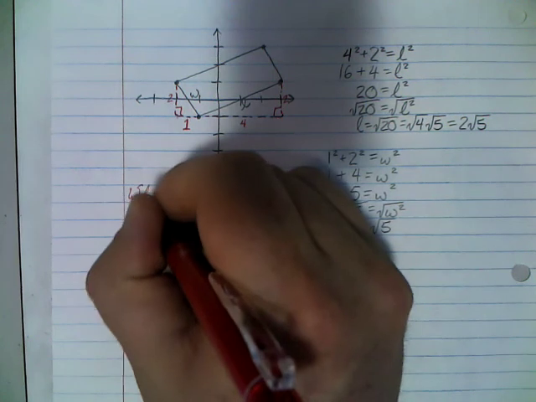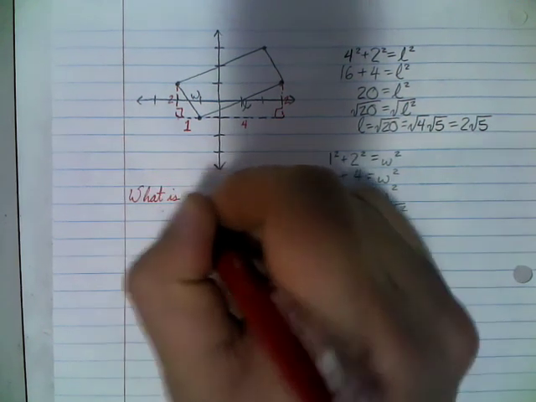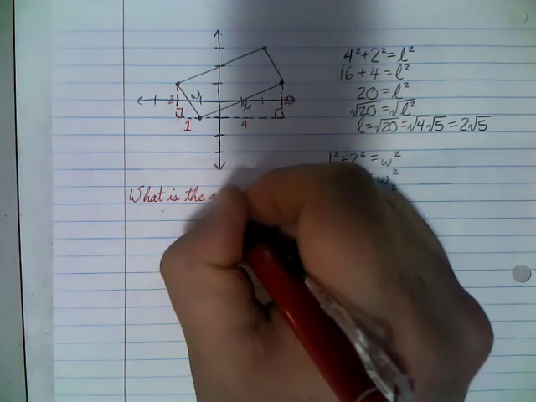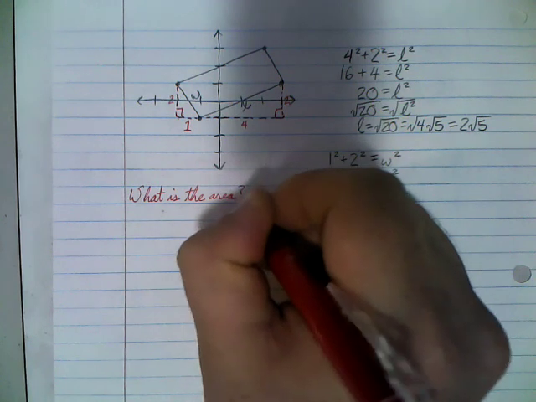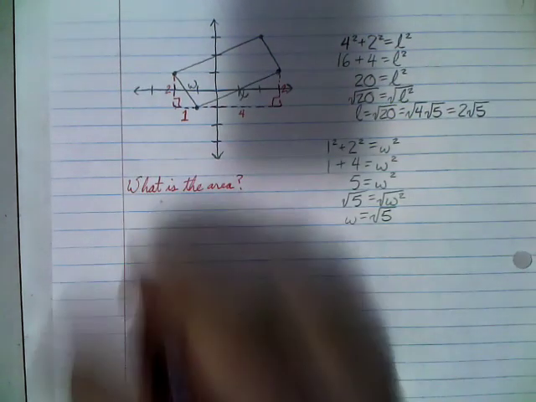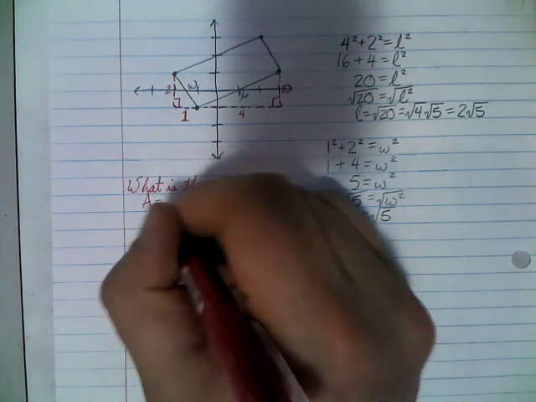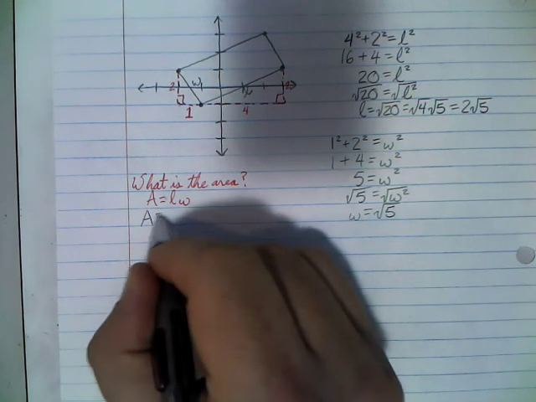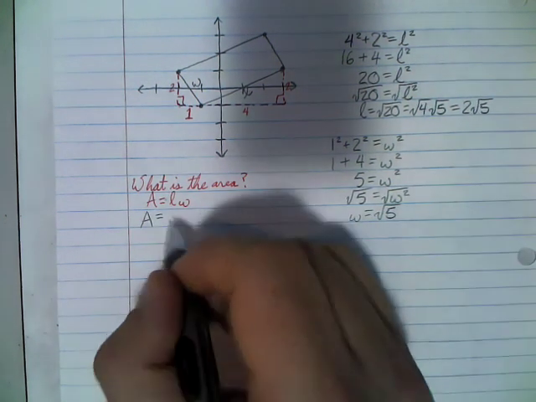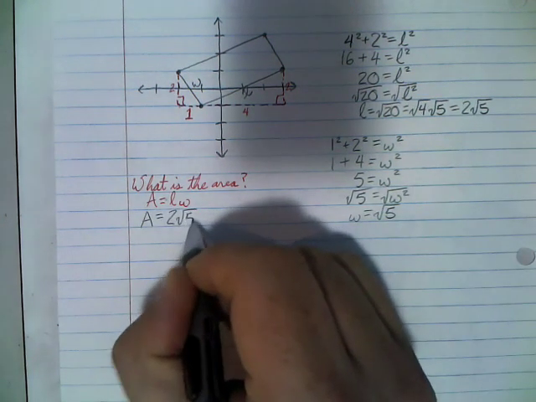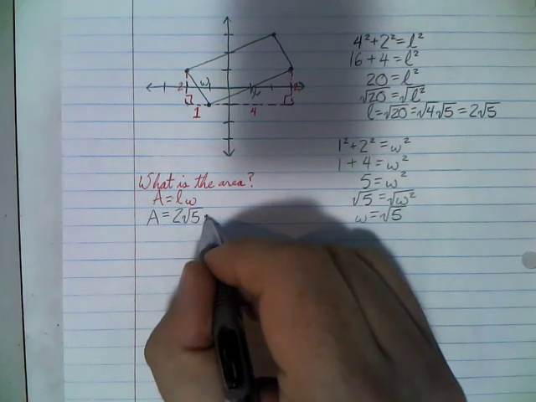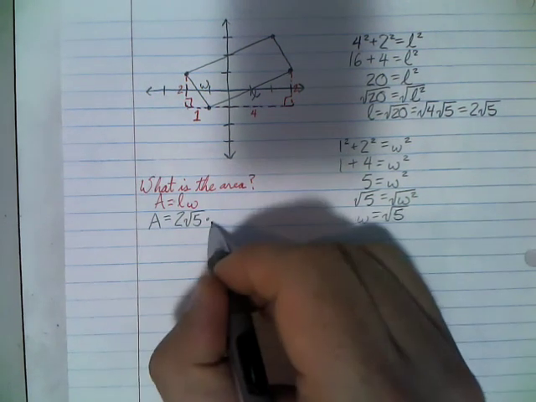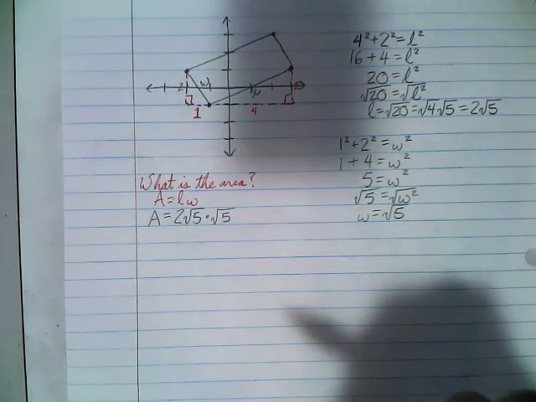So, what is the area? Remember that area equals length times width. So therefore, A here equals my length, which is 2 square roots of 5, times my width, which is just square root of 5.